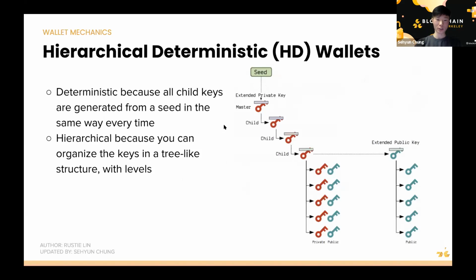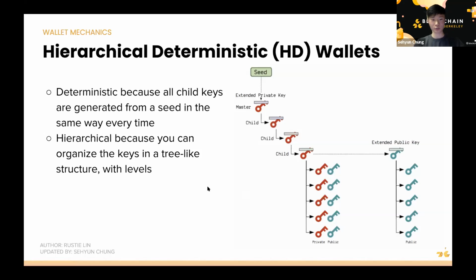And using this private key, you're able to generate a bunch of child private keys and a bunch of matching associated child public keys. It's deterministic because all child keys are generated from that one seed, that one private key, the same way, the same time, every single time. And hierarchical because you can organize the keys in a tree-like structure with levels, as you can see in this diagram to the right.